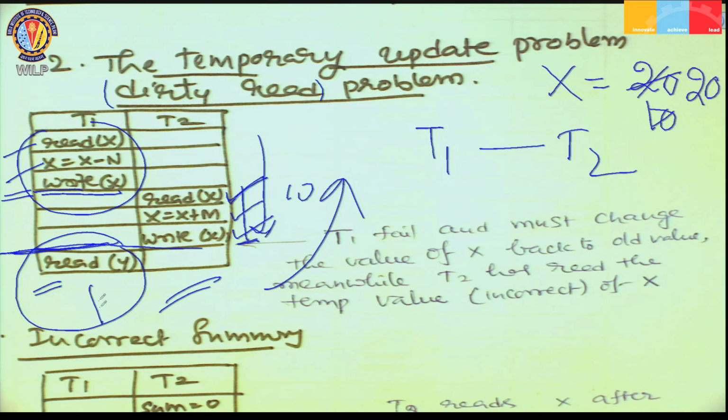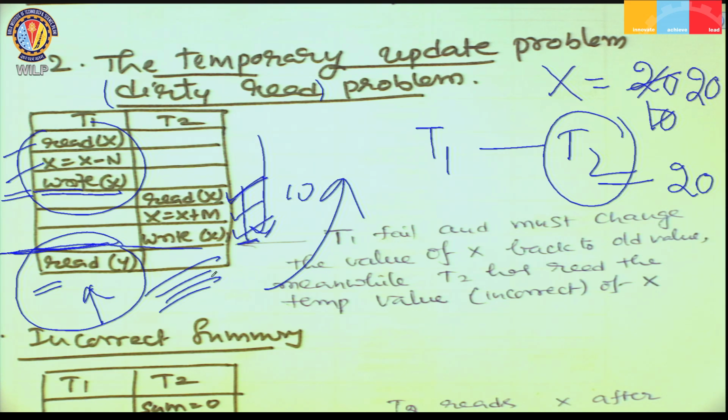When T1 is rolled back, the value of X should become 20. Then if I am executing T2 next, and it is reading the data item X, it should read it as 20. But unfortunately, because of this concurrency, it has read the data item X as 10, which is not correct.